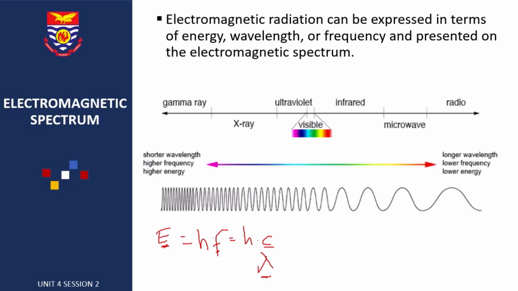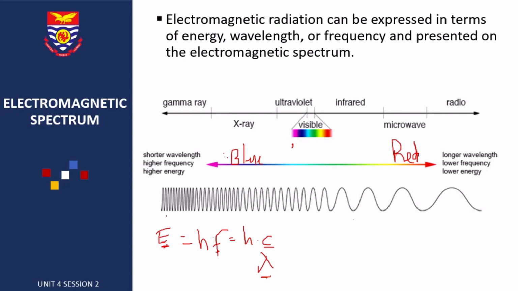Let's use an example like the visible spectrum, where we start from blue and end at red. Or say we start from violet and end at red. The violet or the blue has a very short wavelength but has a very high energy or high frequency.